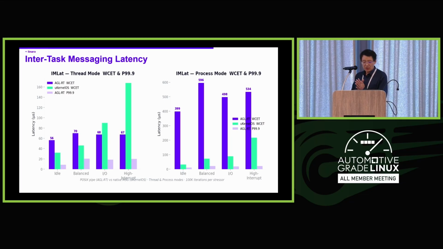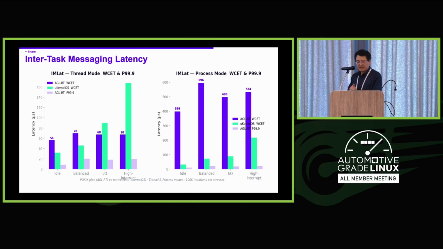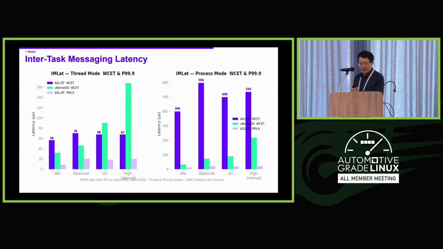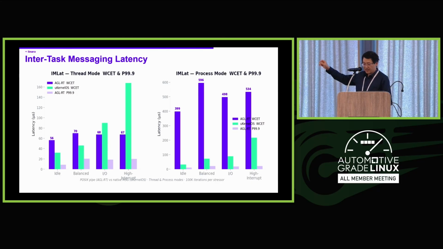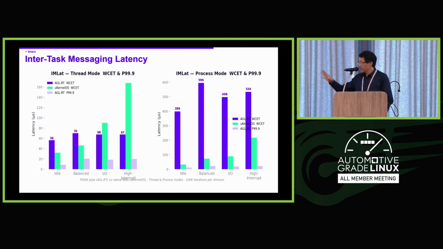Interestingly, the microkernel OS case seems higher, right? But we need to realize that we're using the POSIX API, which introduces overhead. But if we use the native message API, then you can see the microkernel OS messaging performance is much better. So this just gives you more intuition.